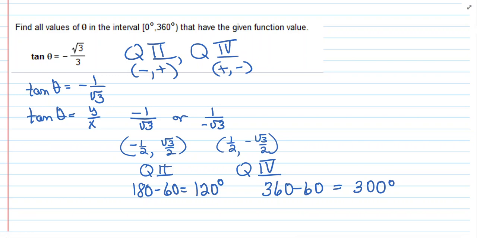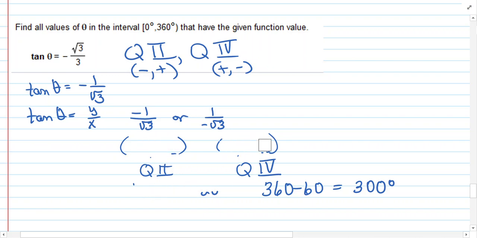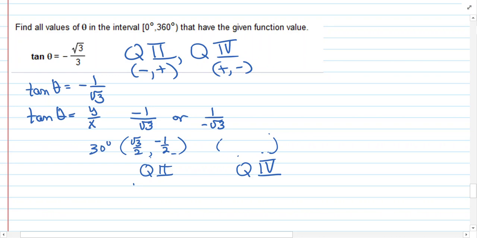Oh, I have those listed wrong. Sorry about that. I have them in reverse. I apologize, the numbers are just in the wrong places. I would have a -1/2 and the square root of 3 over 2. So this is a 30 degree.